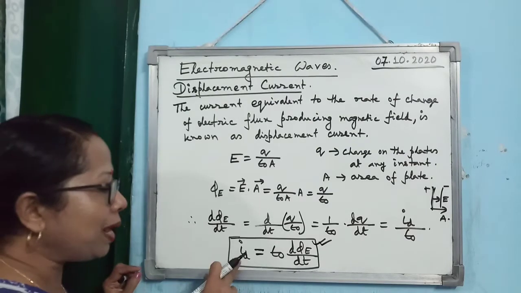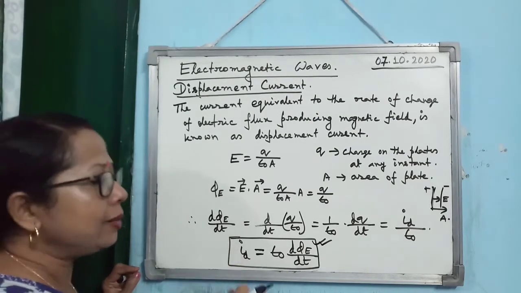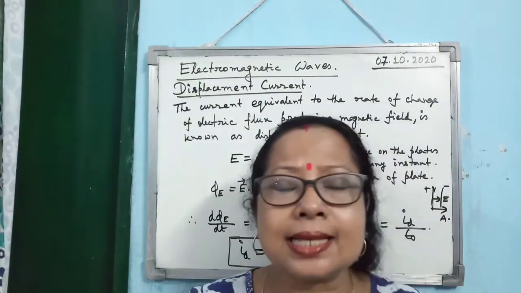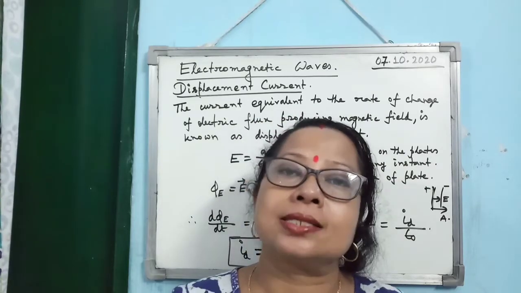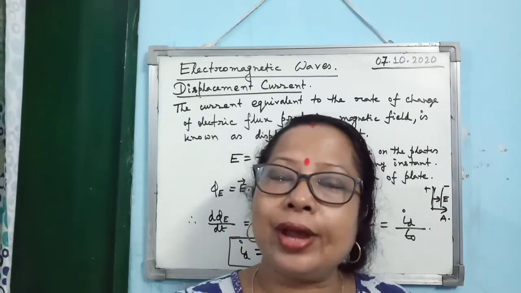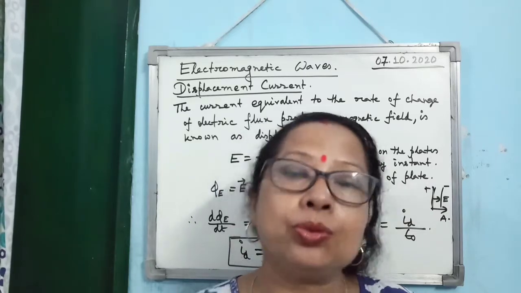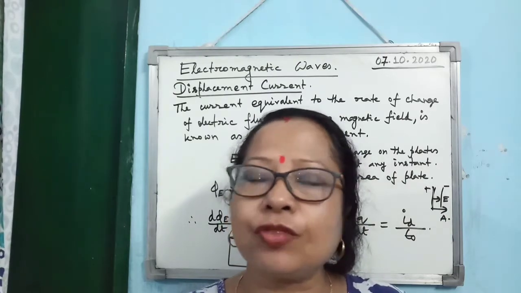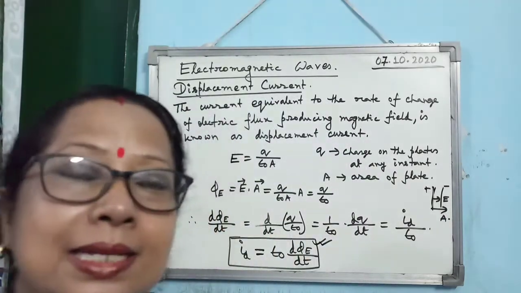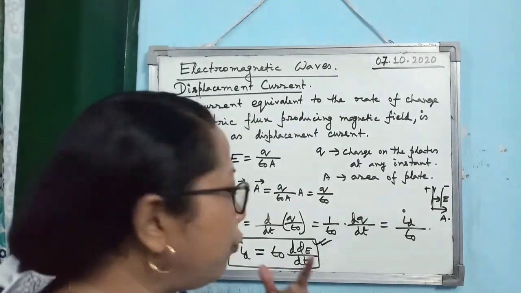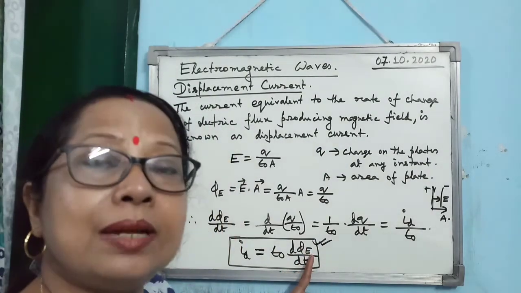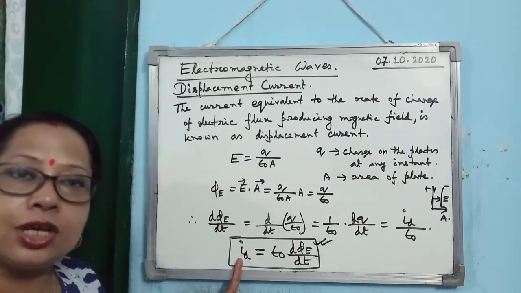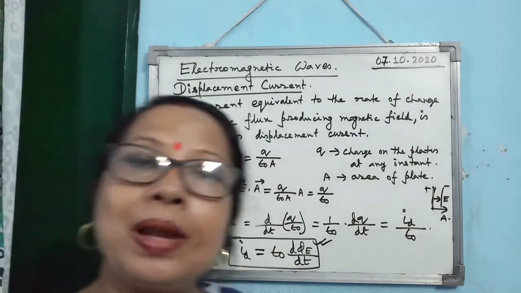Alright, when will that displacement current arise? When there is a time varying electric field, there is a change in the electric flux. As we know from Faraday's law, the rate of change of magnetic flux gives you the amount of EMF induced. I hope you remember, E is equal to minus d phi B by dt. So exactly in the same manner, Maxwell said that when there is a change in electric flux, it will also give rise to a current which is known as the displacement current.